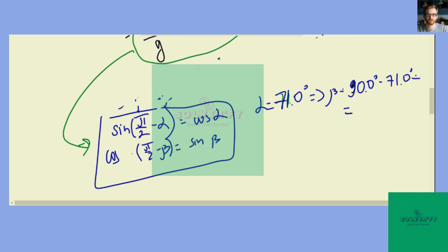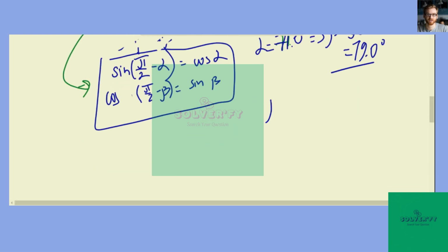Let's calculate this number. It equals 19.0 degrees. So that's the solution of this problem. This angle beta, which would result in the same range, is 19 degrees.